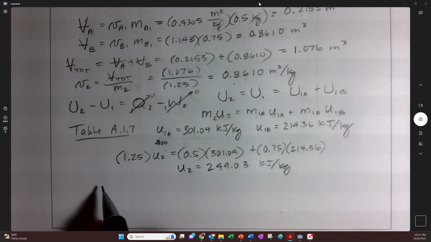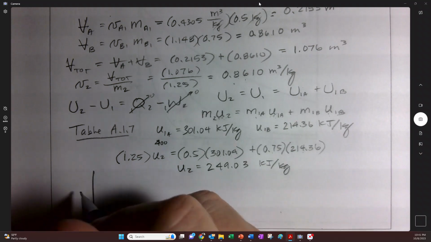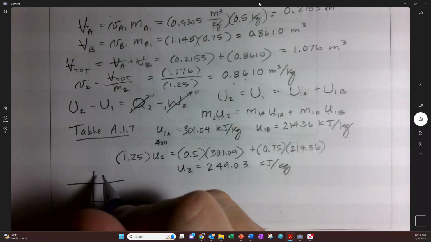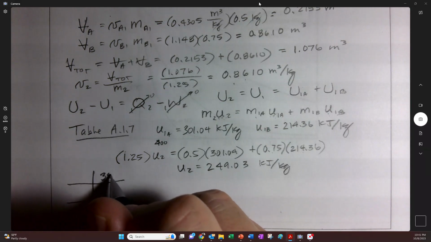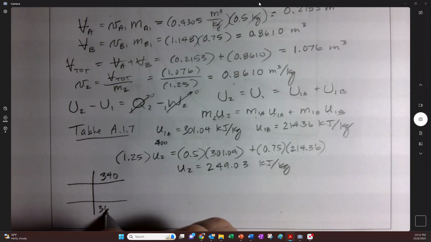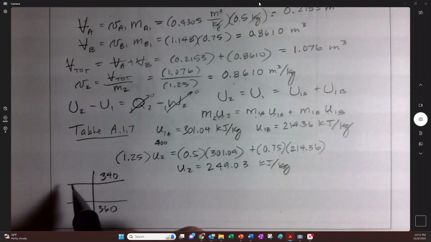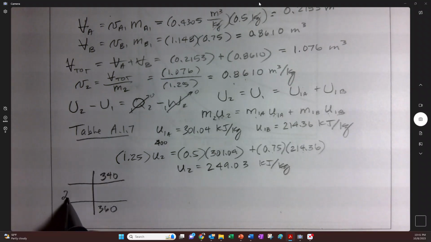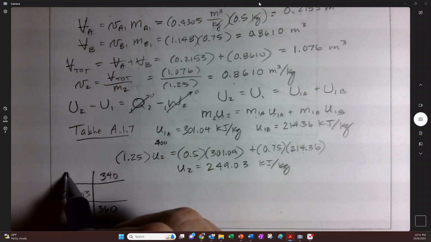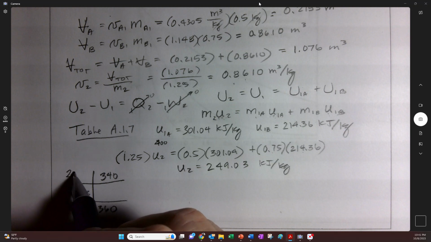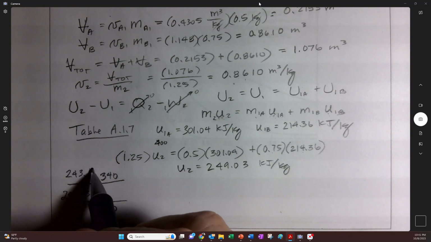All right, so I'll write out my, here's what we have to do. We're going to 340. 360, and what we just found was 249.03, and up above we had 243.11.